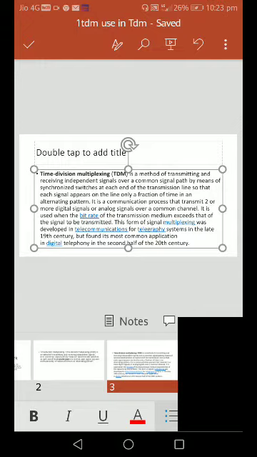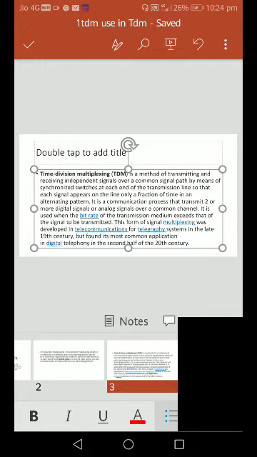Voice signals are like speech signals, and non-voice signals are data transmitted over a network to share information between different users. Users in different states and different countries can share the information globally.